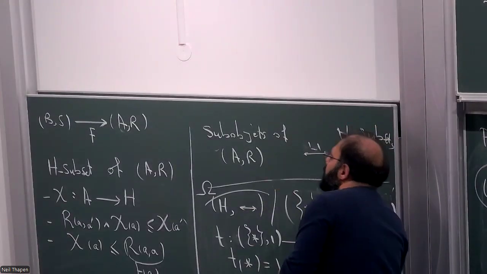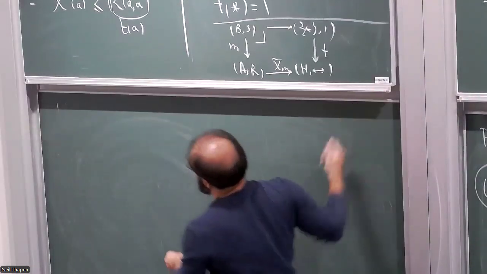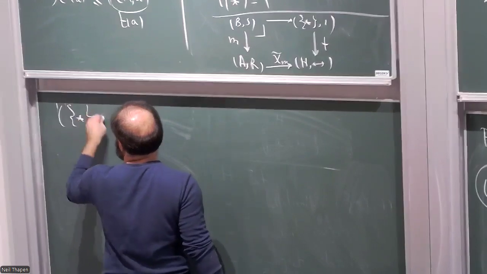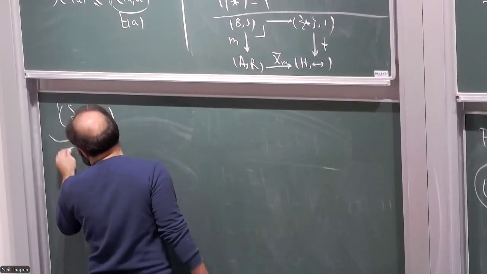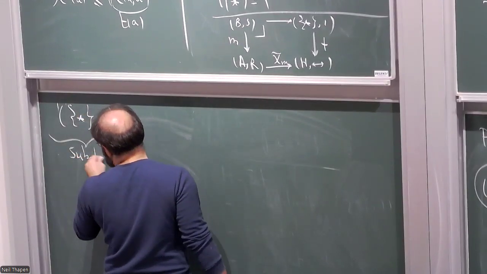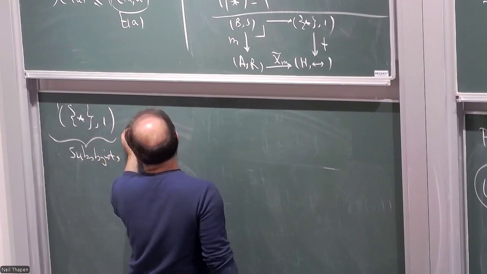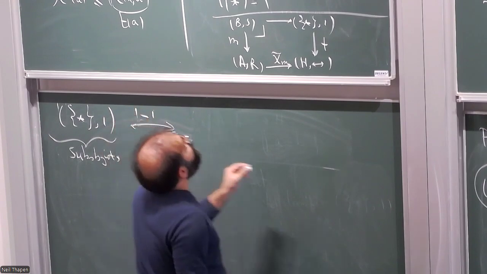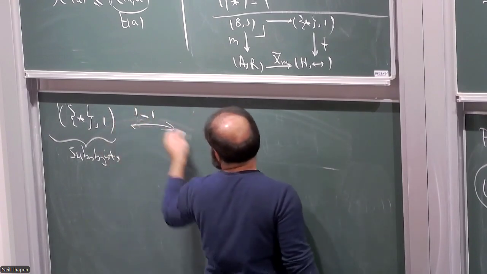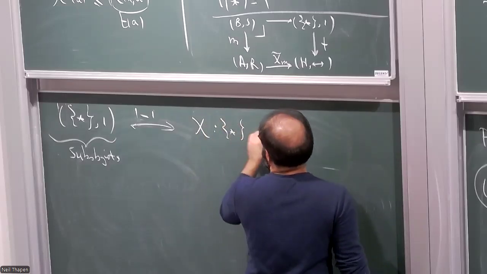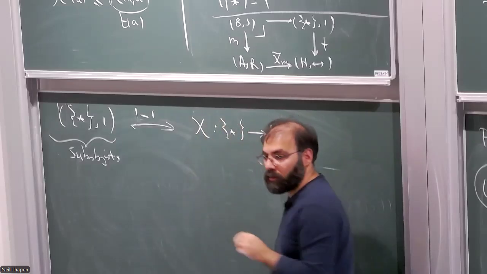If you apply it to this guy, to this H set, H set star 1, it simply says that the subobjects of this are in one-to-one correspondence with what? With H subsets of this, and H subsets are chi from star to H, right?